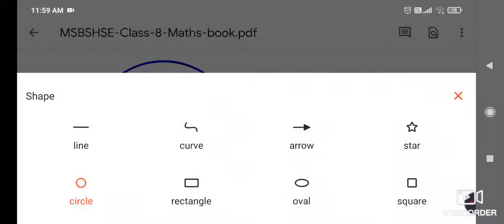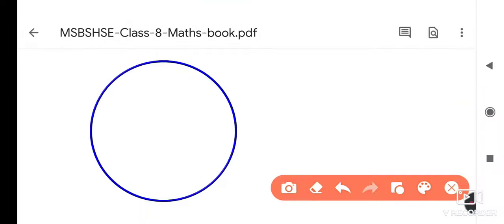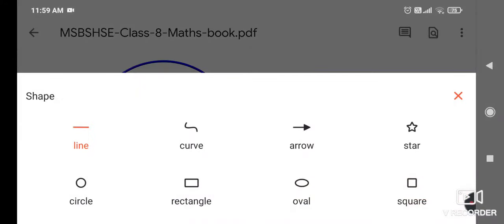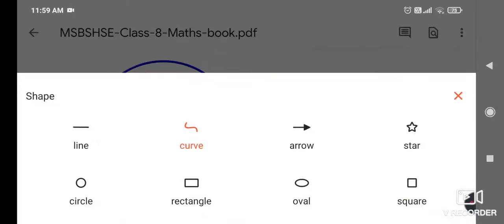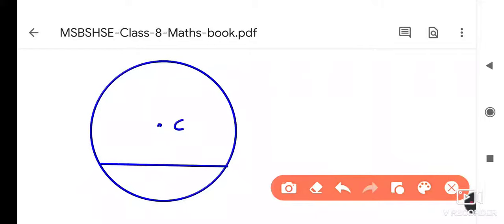You also do this activity with me: draw the circle, then draw one line, which is a chord of this circle. Here this is the center of the circle. We have to draw a perpendicular from the center of the circle.